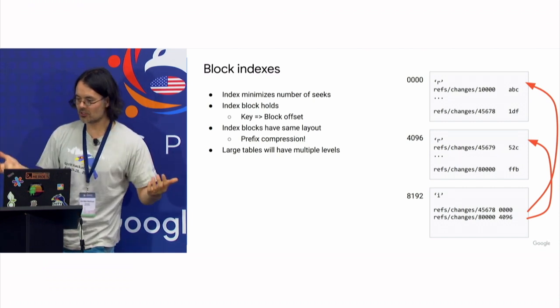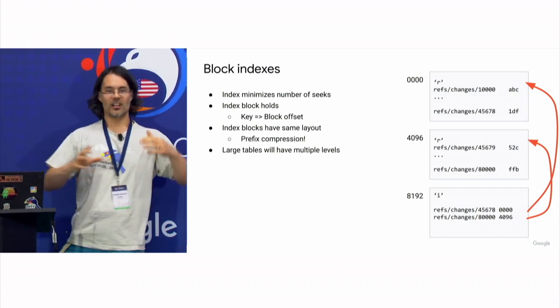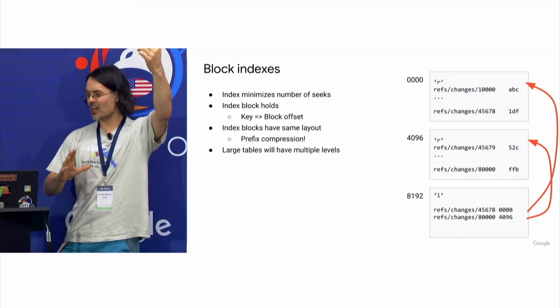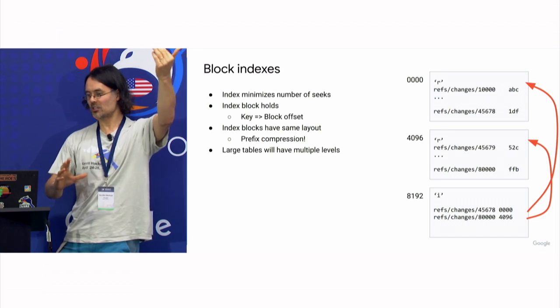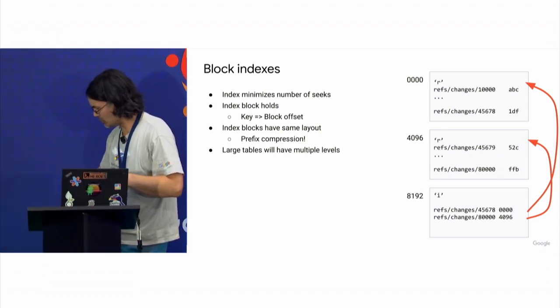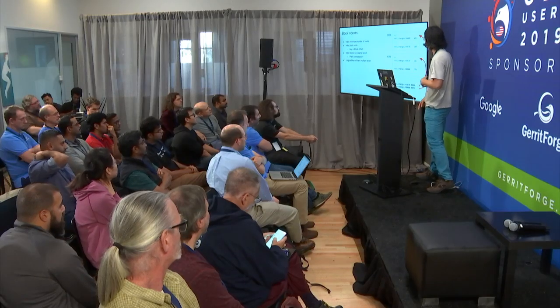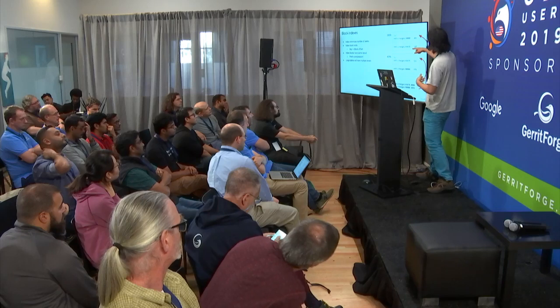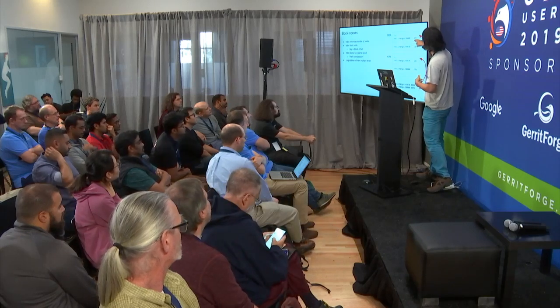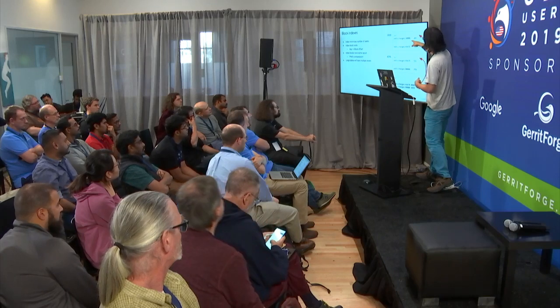Then, if we want to store a lot of data, we just write lots of blocks. And if you have a lot of blocks, how do you find your way around these blocks? Well, you take the last key of each block, and you put that in a different type of block, which is the index block over here. So say you're looking for 1, 2, 3, 4, 5.